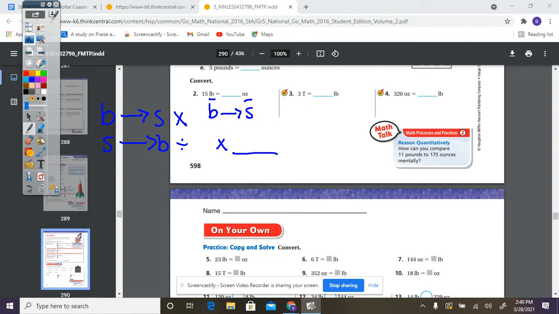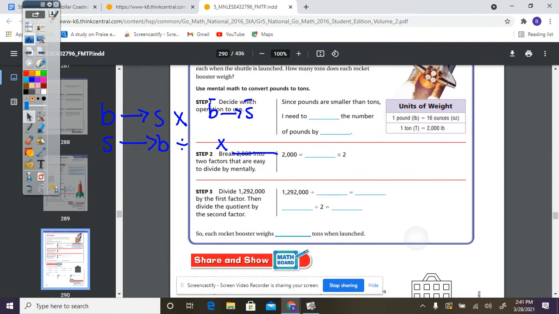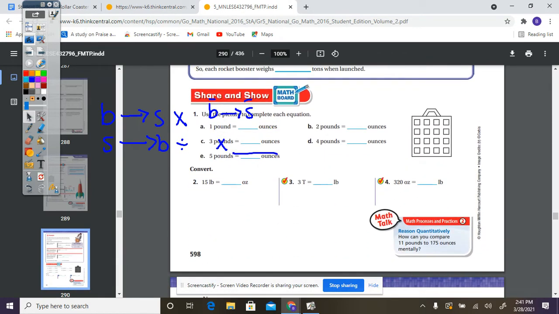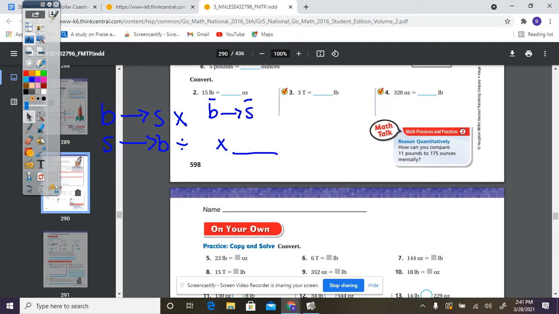So I'm multiplying 15 times something. Well, the something is coming from the chart. You need to see how many ounces are in a pound. There's 16 ounces in 1 pound. So I need to know how many is in 15. So I'm doing 16 times 15.